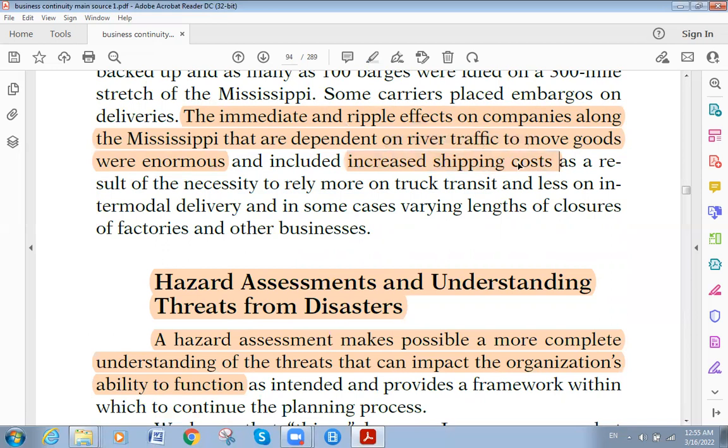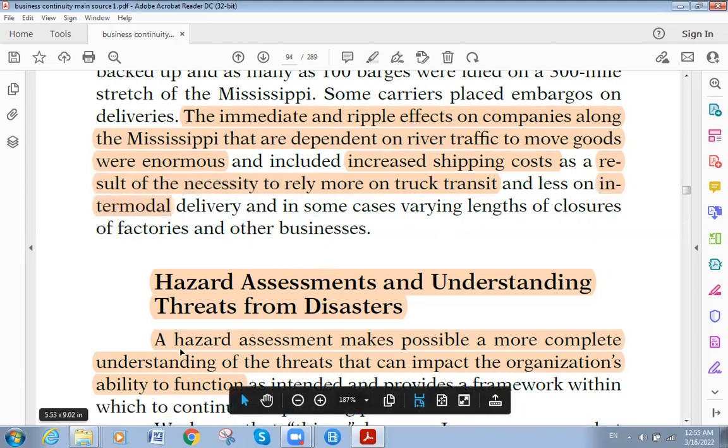Once the shipping costs increase, the price of the products will increase as a result of the necessity to rely more on truck transit. So here, they start to depend on truck transit and less on intermodal delivery. Intermodal means using more than one way of shipping.